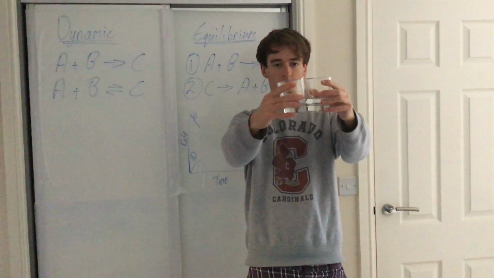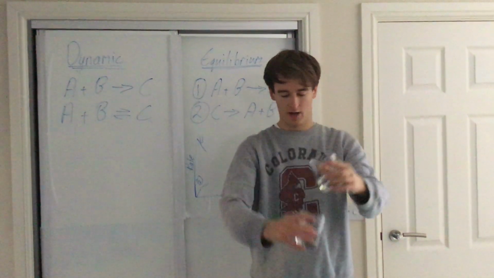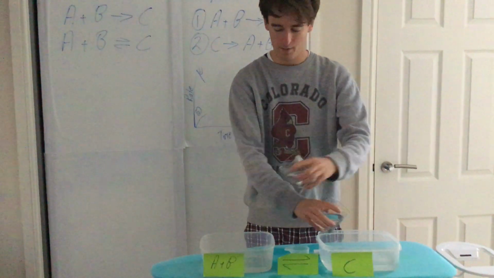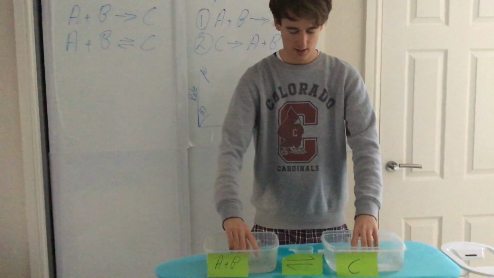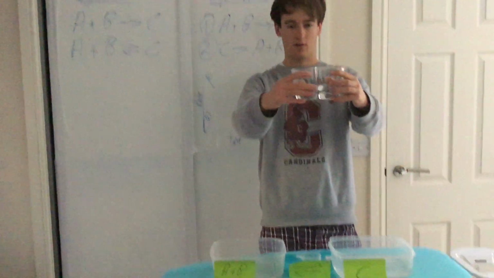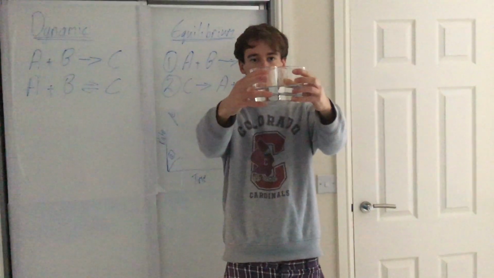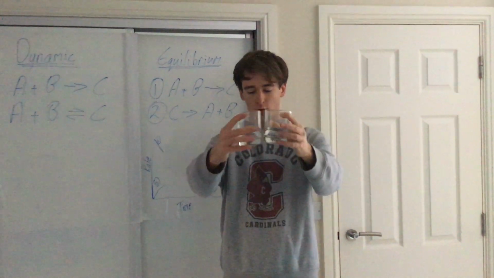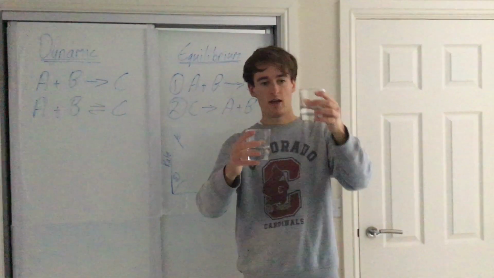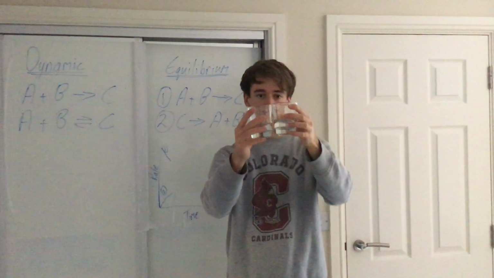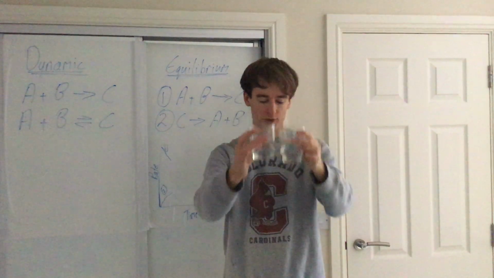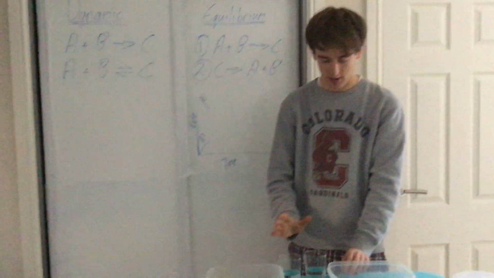And there we go. Obviously it's not a perfect experiment, and they are slightly different Tupperware boxes. But if I have a look, the rates are now equal. The rate of forward reaction, this one here, is equal to the rate of reverse reaction. There's pretty much the same volume of water in each of those cups.